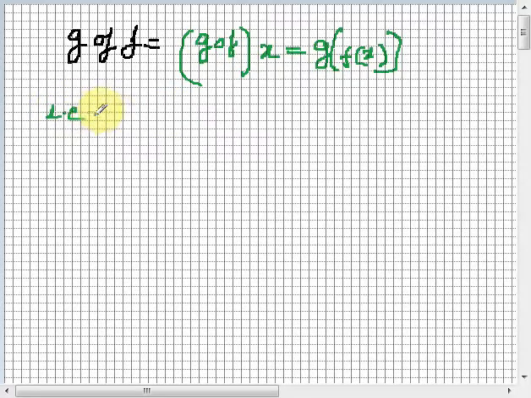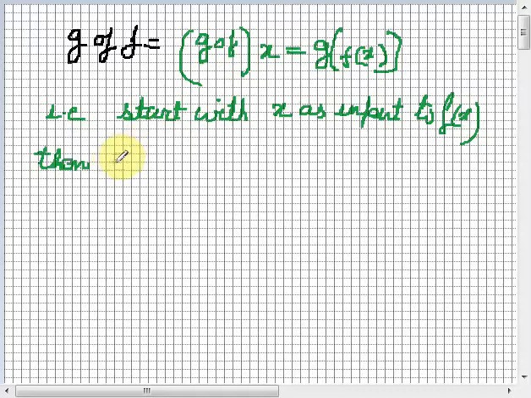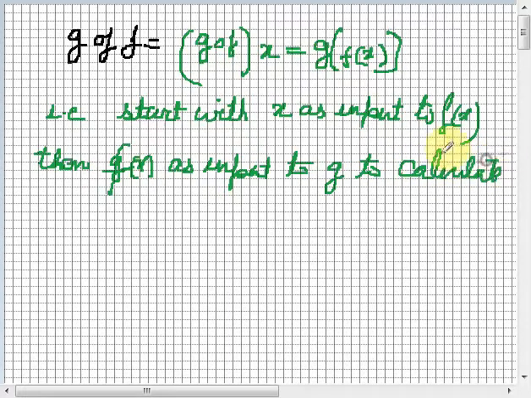That is, start with x as input to f(x), then use f(x) as input to g to calculate g of f(x).